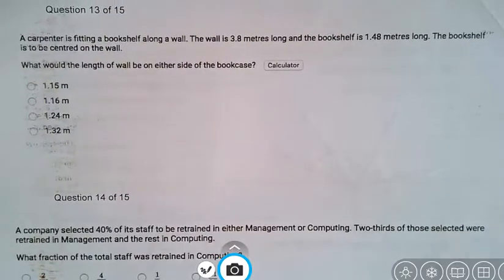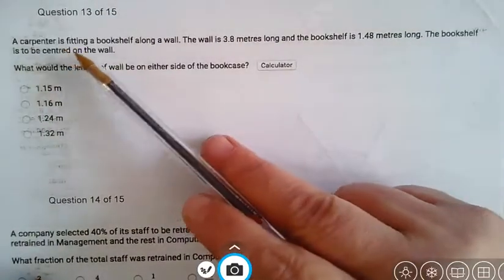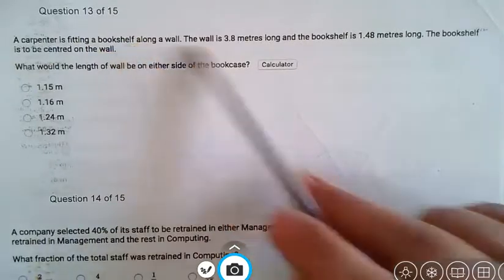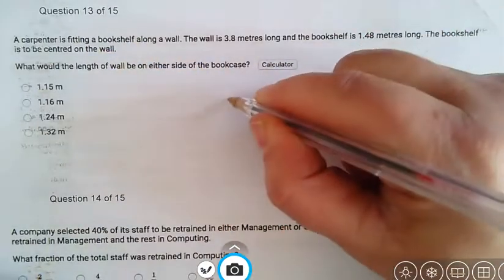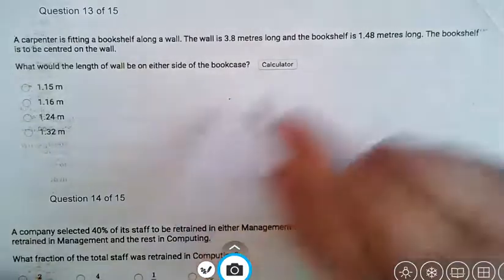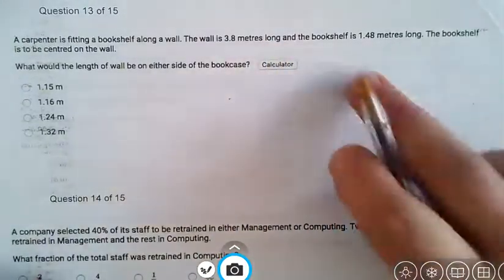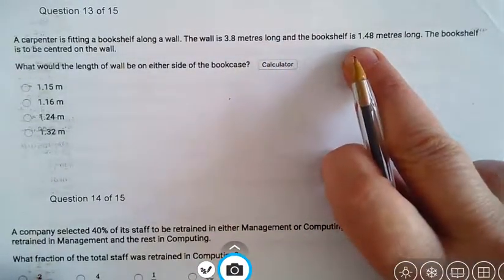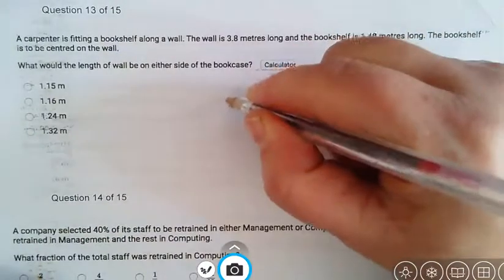Okay, question 13. A carpenter is fitting a bookshelf along the wall, and the wall is 3.8 meters long, and the bookshelf is 1.48 meters long. So I'm going to draw my wall.